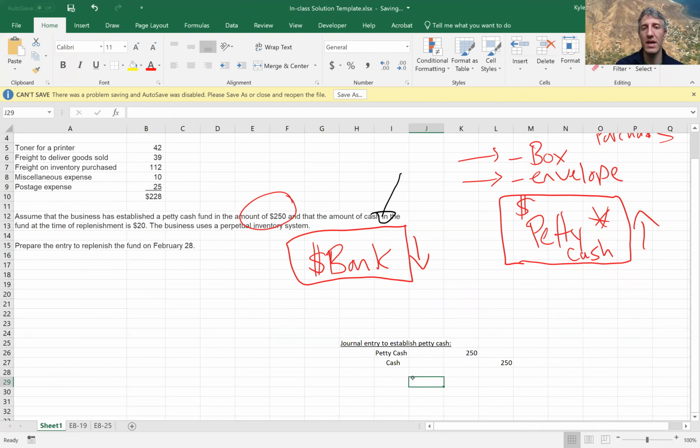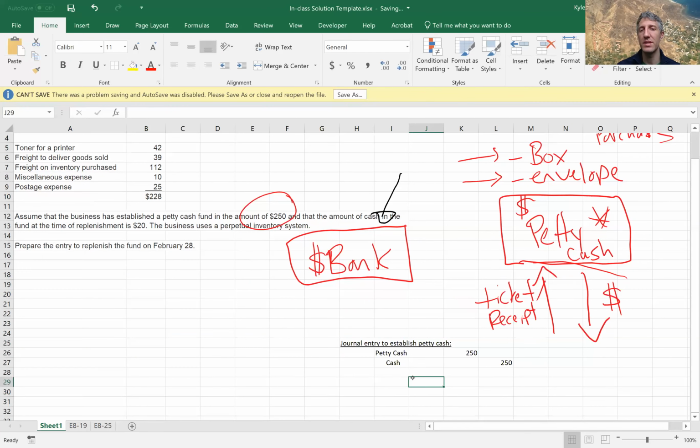So what happens after the petty cash fund is established is that expenditures come out of petty cash. So money goes out to pay for low value purchases. What goes in is some sort of ticket or receipt to keep track of the expenditures that came out of petty cash.